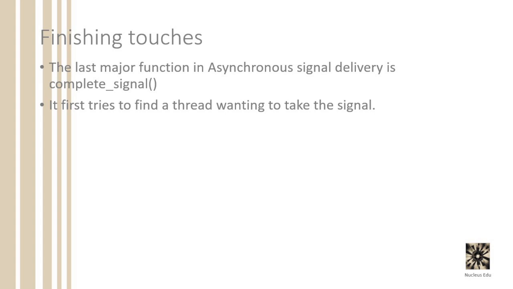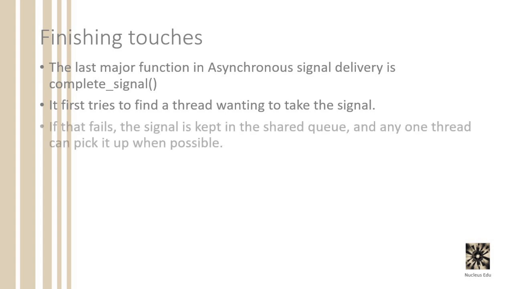It checks a number of things, for example, whether the thread is blocking the signal or not. If it's able to find a thread which can take the signal, well and good. If not, the signal is kept in the shared queue of the task, and any one of the threads can pick it up when possible.